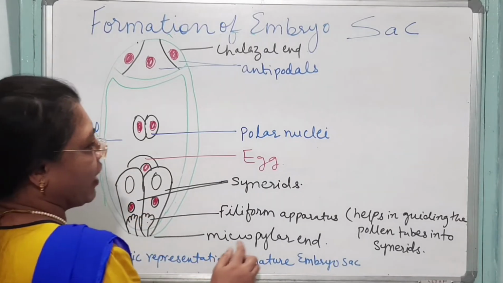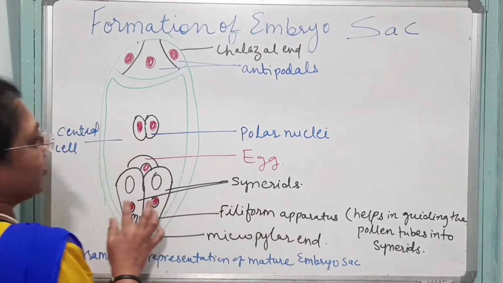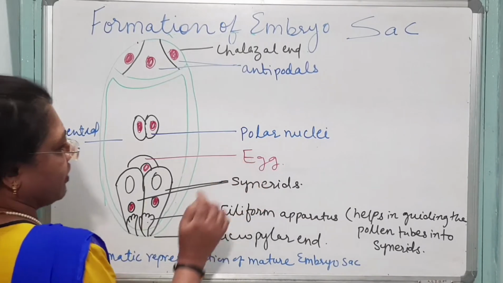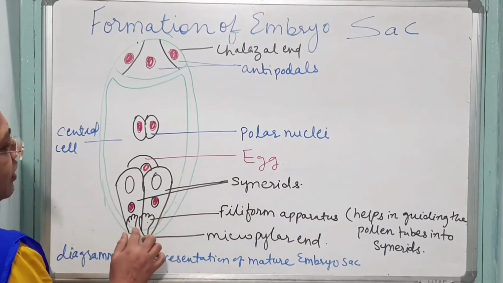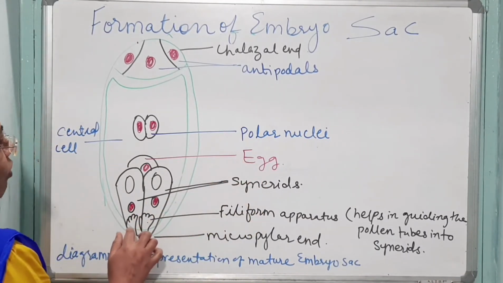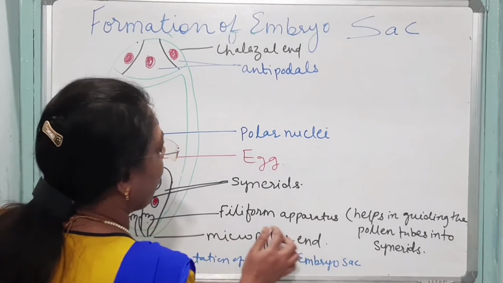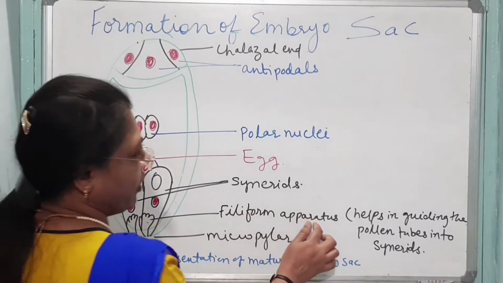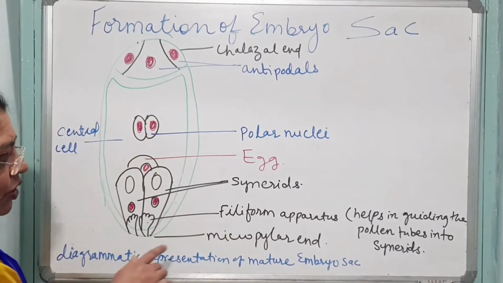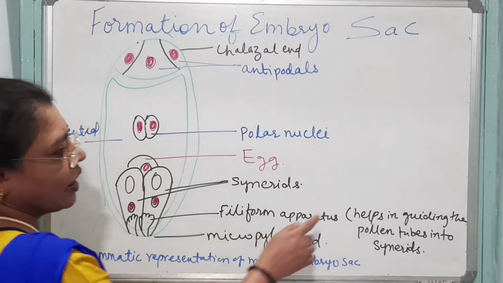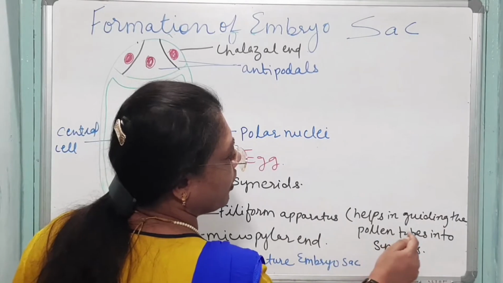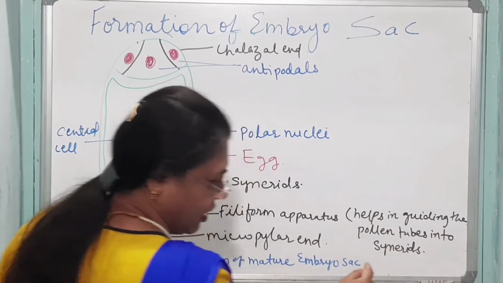At the micropylar end are the synergids and the egg cell. The synergids have a cellular thickening at the micropylar end called the filiform apparatus. And what is the function of the filiform apparatus? It helps in guiding the pollen tubes into the synergids.